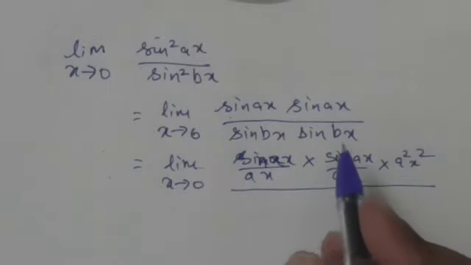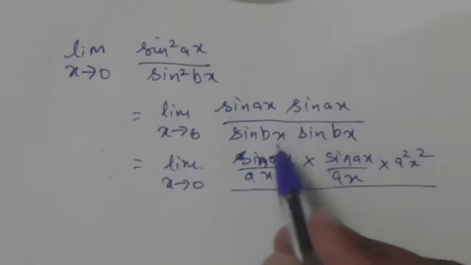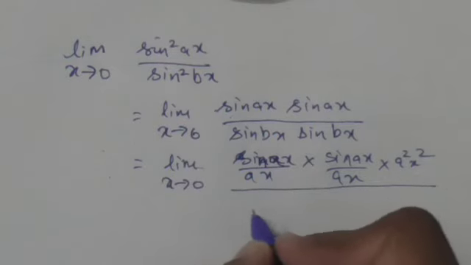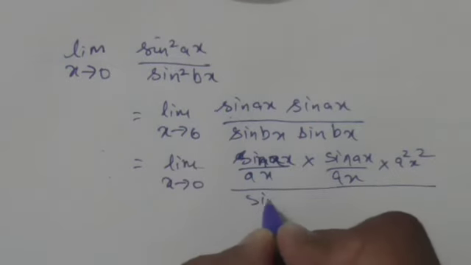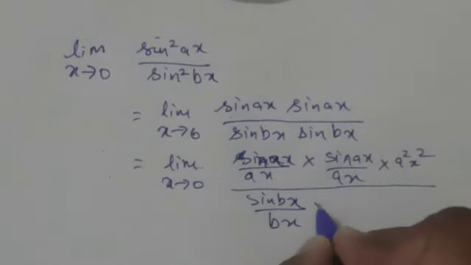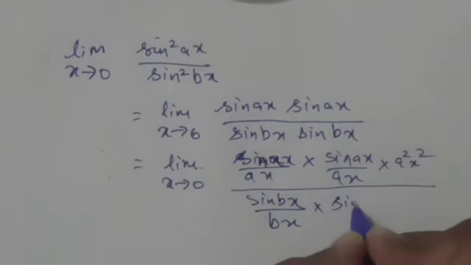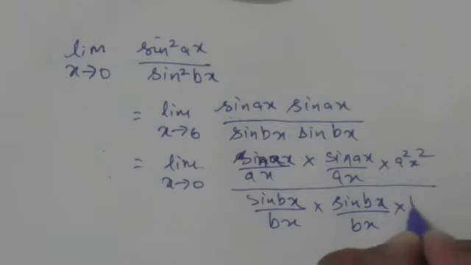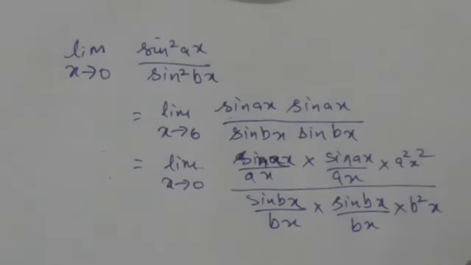Similarly, we will multiply and divide denominator by b square x square. So we will get sin bx upon bx into sin bx upon bx into b square x square.